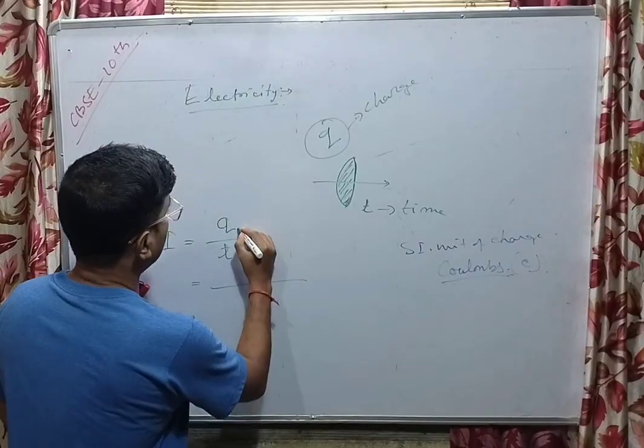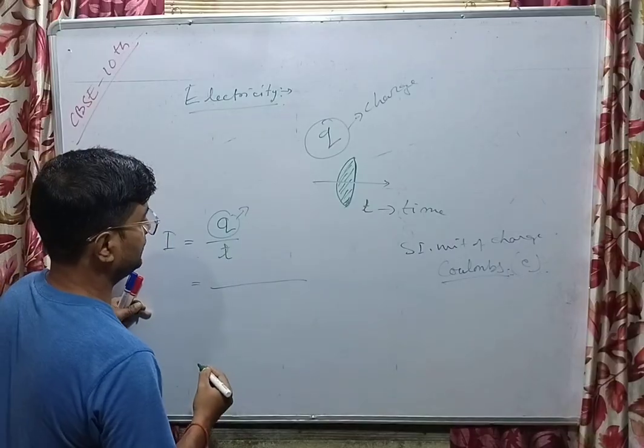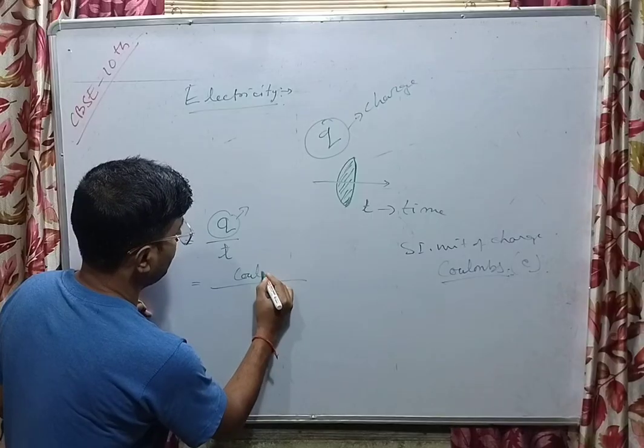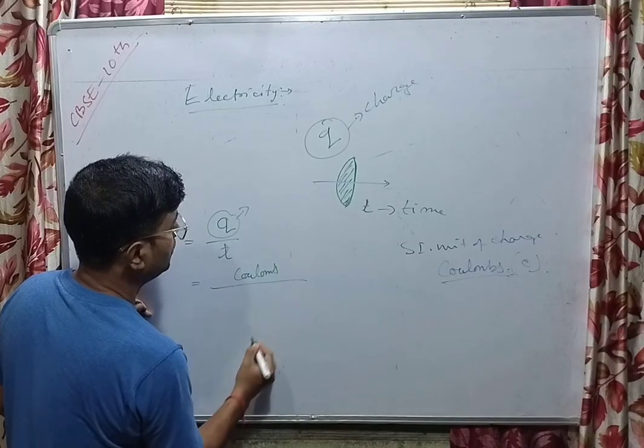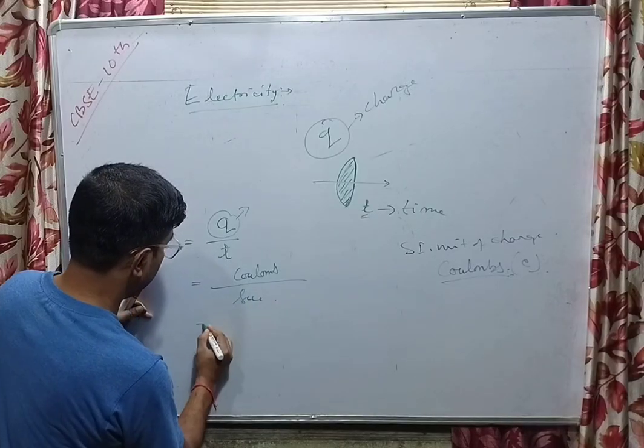The SI unit of charge is coulomb, and the SI unit of time is second.